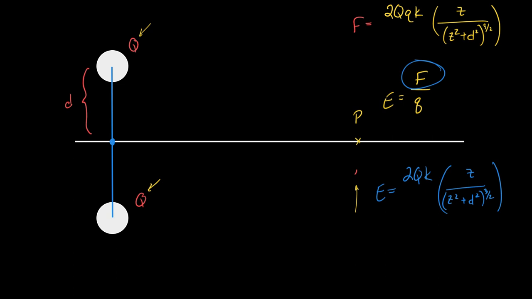Knowing the electric field means we know what will happen to any charge placed at that location. And because that has more value to us, we tend to look for the electric field more than to look for the force on a specific charge.